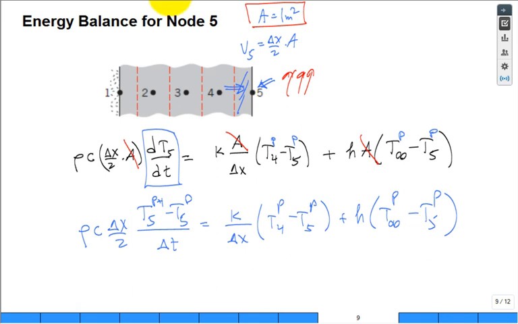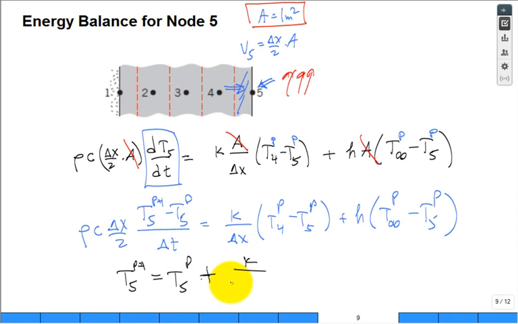Take a full sheet of paper, go slow, take more baby steps as you develop confidence in what you're doing, and then you'll have temperature at 5 at P plus 1 equal to temperature at 5 at P plus, and then we're going to have this kind of craziness here.